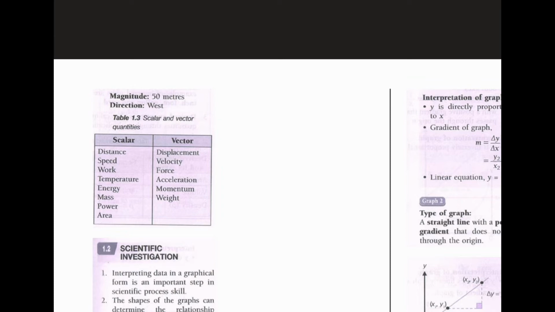So for example, for displacement, it is common to write it like this. If an object moves to the right by 3 meter, displacement equals positive 3 meter.